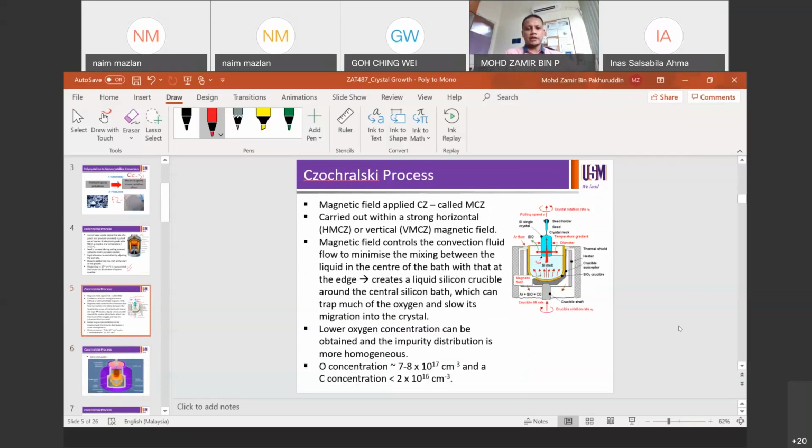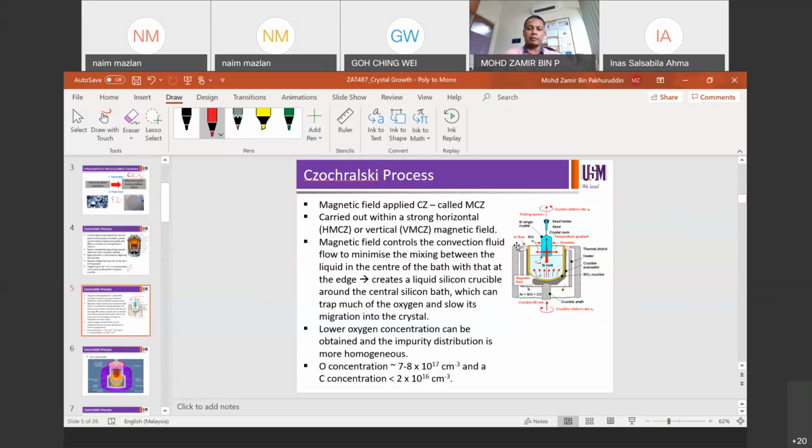Another process is called MCZ. The first one just now was CZ, or Czochralski, and the second one is the Czochralski process as well, but with a magnetic field. So you can see the magnetic field is impacting the growth process.